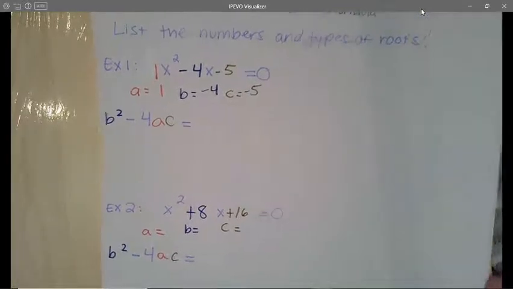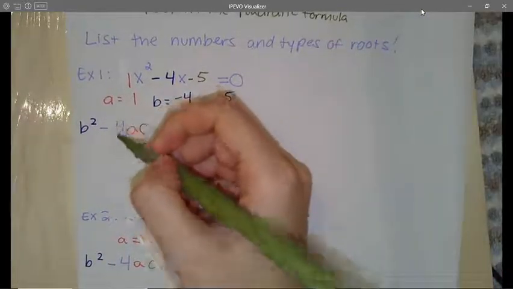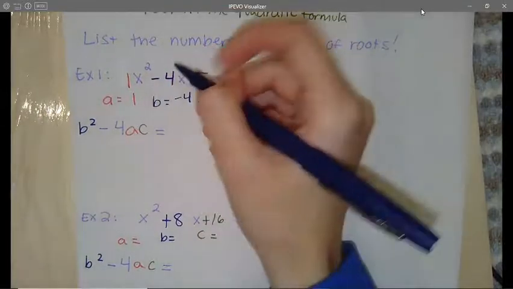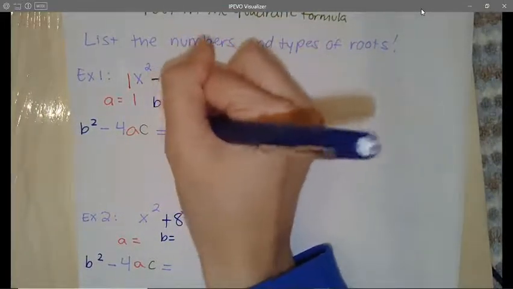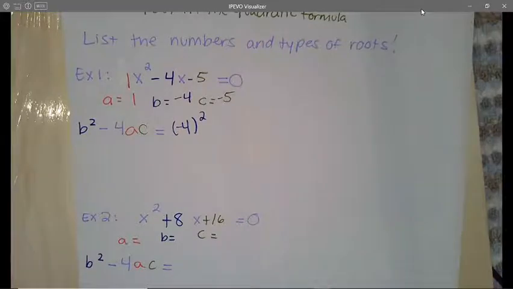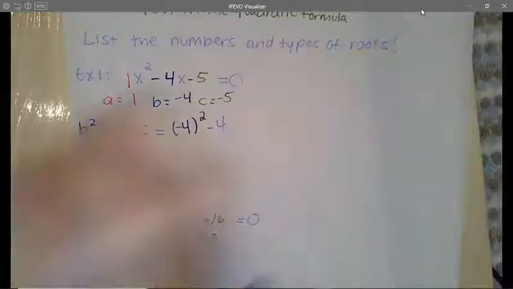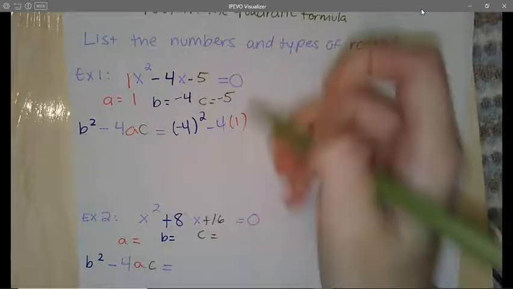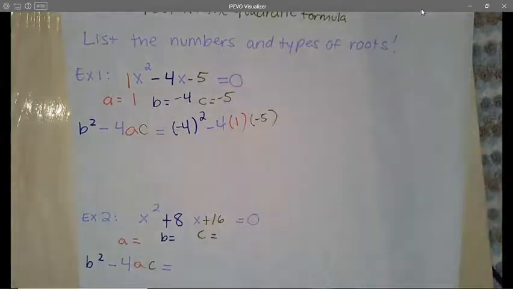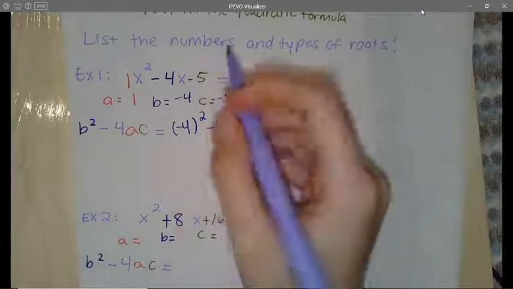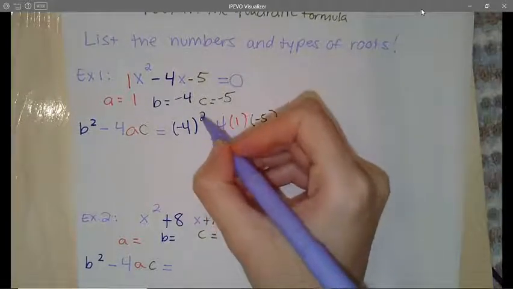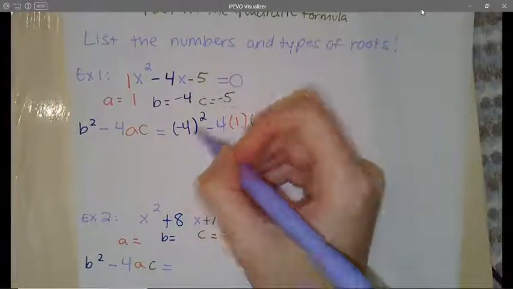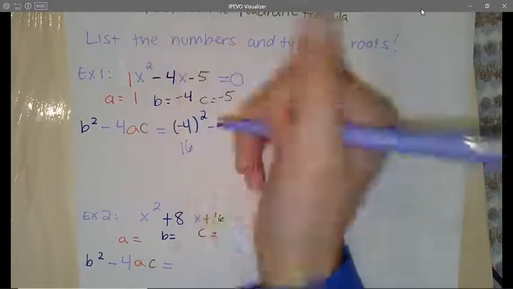Okay, so now I'm going to calculate b squared minus 4ac. So my b term is negative 4, so negative 4 squared minus 4 times a, which is 1, times c, which is negative 5. Alright, let's start simplifying. So negative 4 squared, or negative 4 times negative 4, is positive 16.